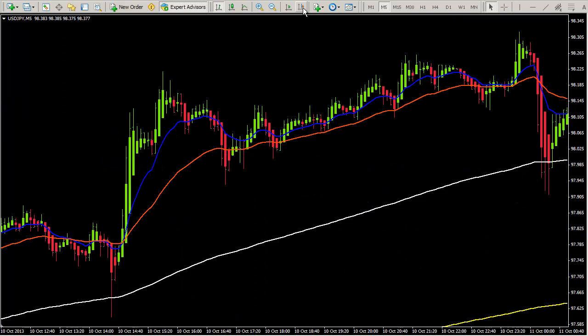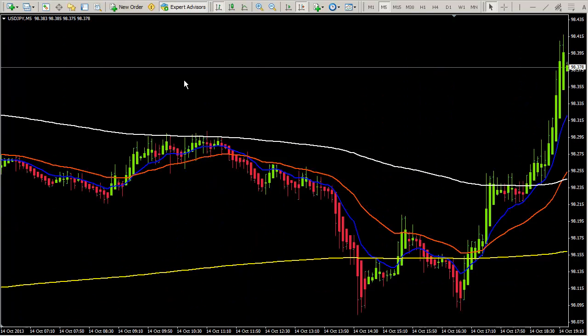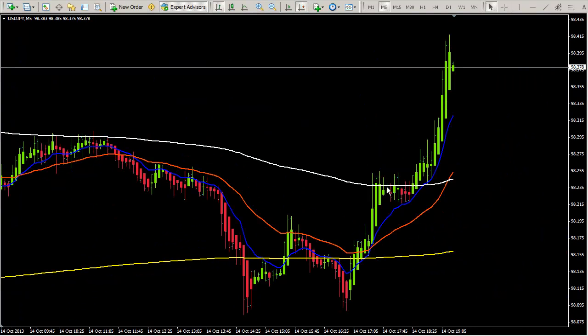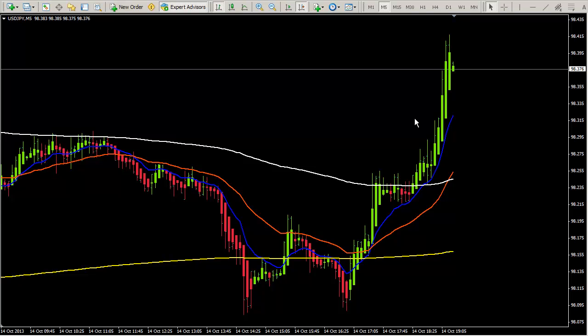If I switch to the 5-minute chart, that's a 5-minute chart, okay? Right now, what does it look like? Any ideas? What do you see? Is it going up? Is it going down? Yeah, it's simply just going up here.